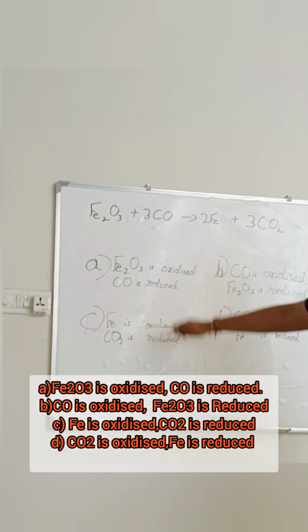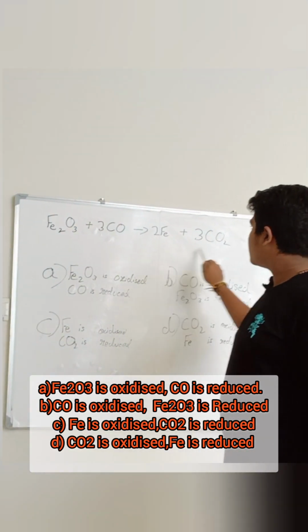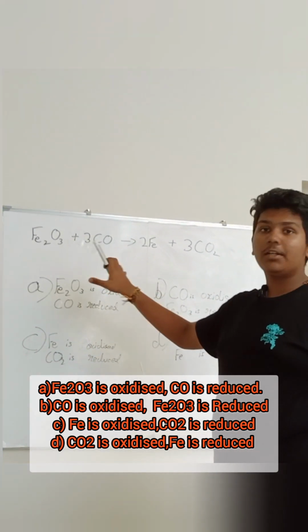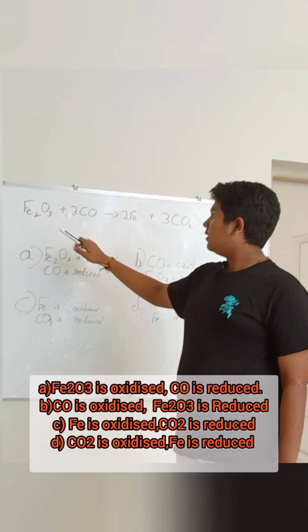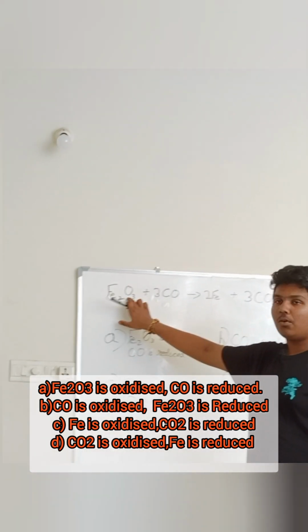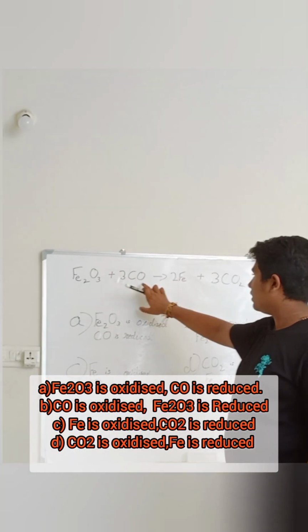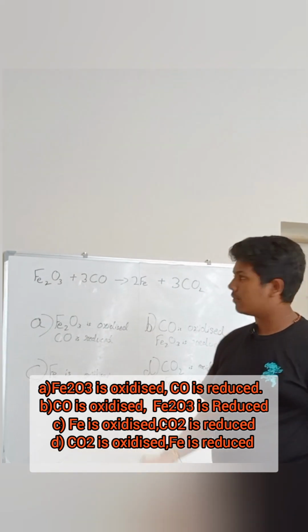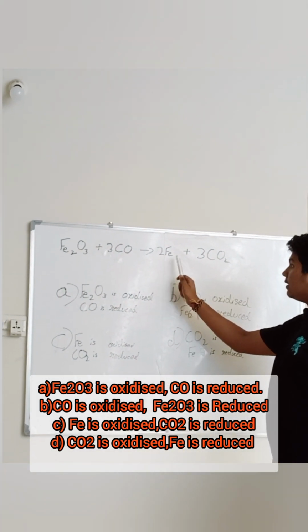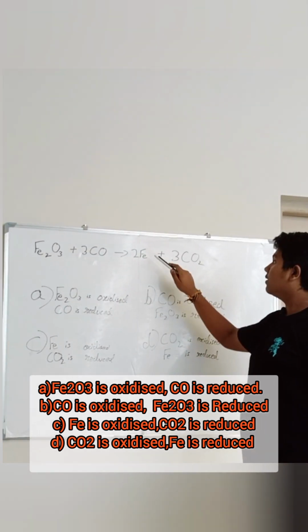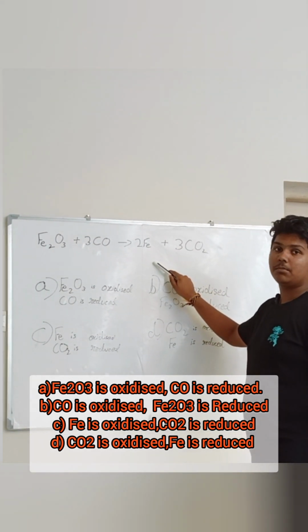So here, just see the equation. What is getting reduced and what is getting oxidized? Here in Fe2O3, oxygen is 3. Here in CO, O is 1. But when the product is given, it is seen that in the Fe, the oxygen is not there.